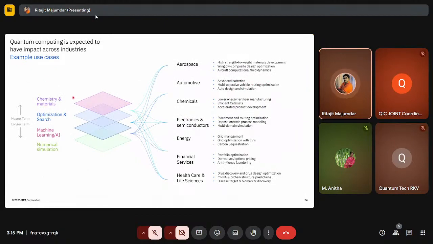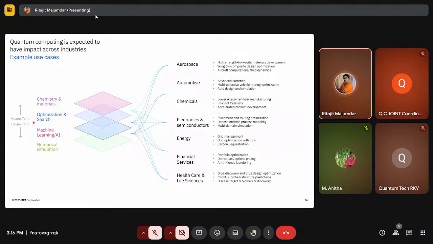The first and foremost areas are chemistry, biochemistry, condensed matter physics, material science, all of this. These are the areas which are already getting affected by quantum. We are already starting things which are way beyond what classical systems can do.